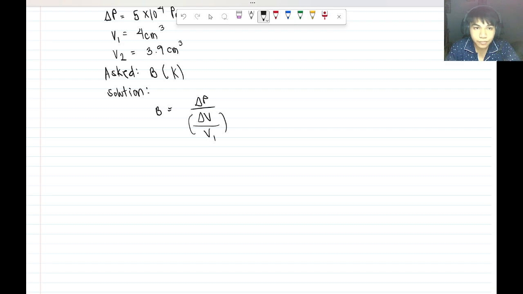So at this point, it's just a direct substitution of what we have here. It's 5 times 10 to the fourth power pascals over 4 cm cube minus 3.9 cm cube.